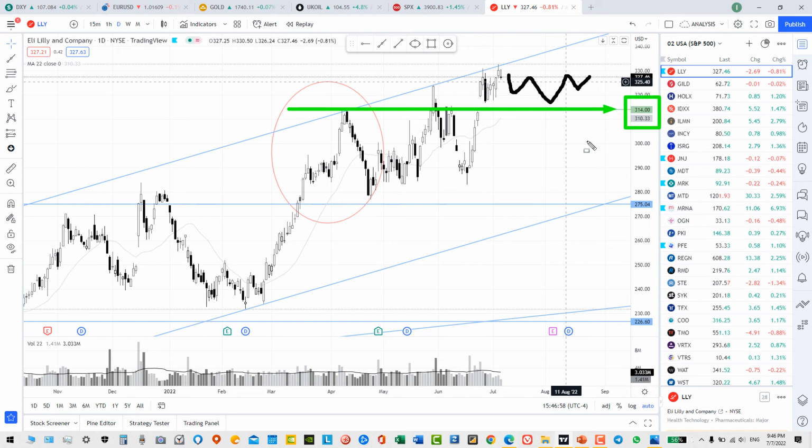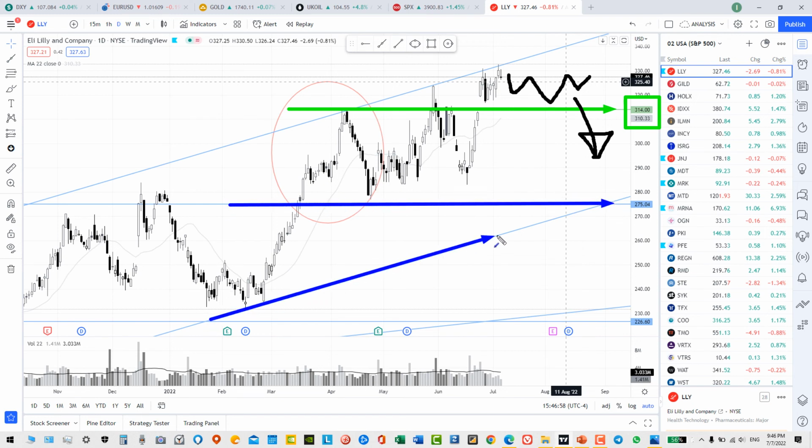This is for short-term traders. But if 314 is broken, short-term traders are not bullish anymore. But still, the medium and long-term investors are still happy and safe as long as the trend line is intact, as well as the horizontal support level at 275.